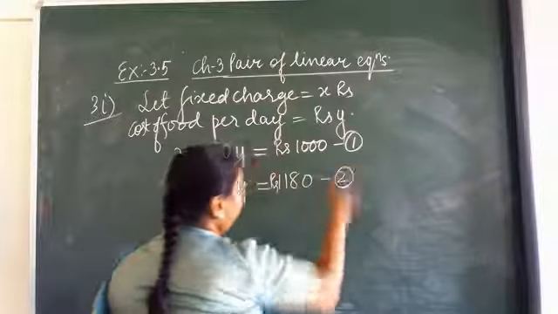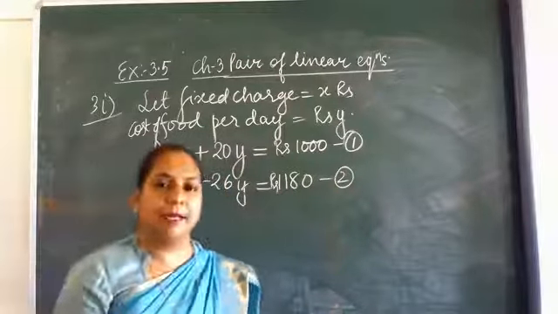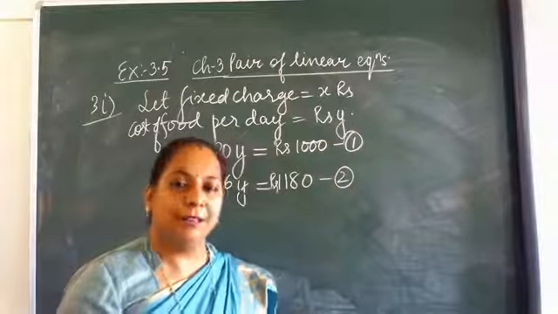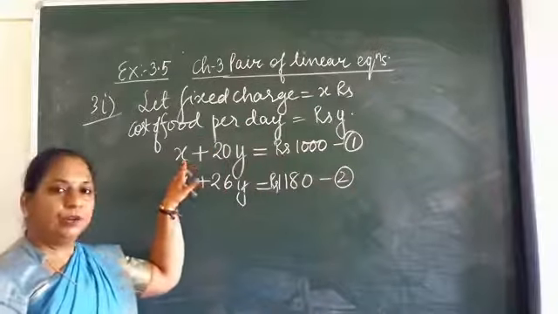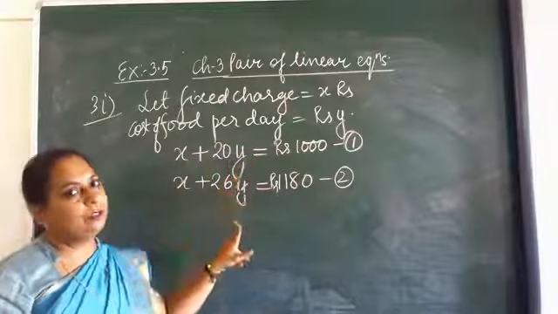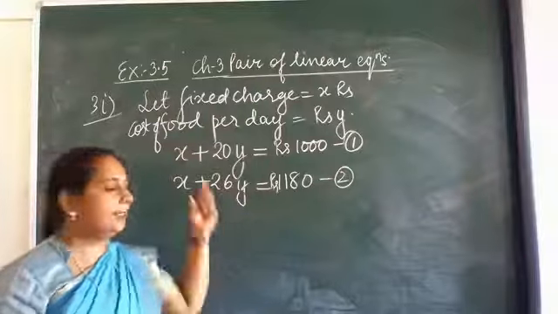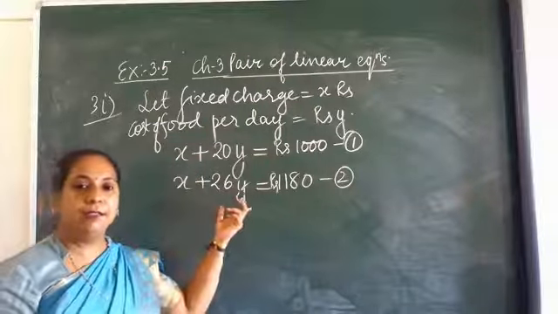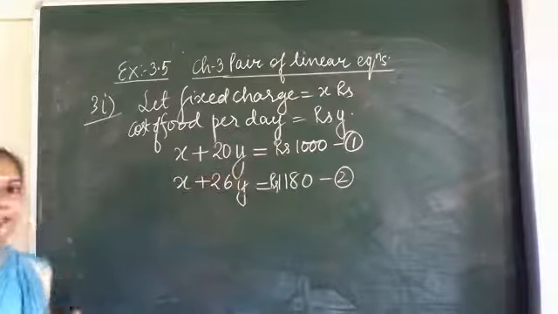So this is the second equation. Now you can solve these two equations by any one method, by substitution method or by elimination method, and find the value of x and y. Here, x is the fixed charge and y is the cost of food per day.